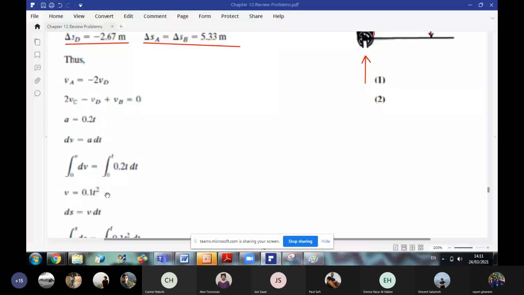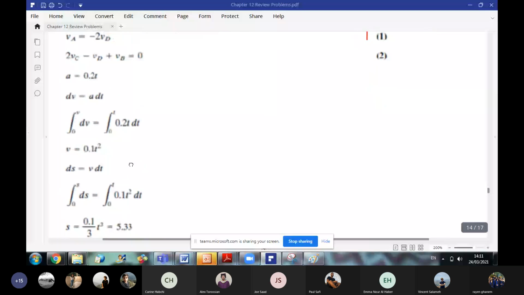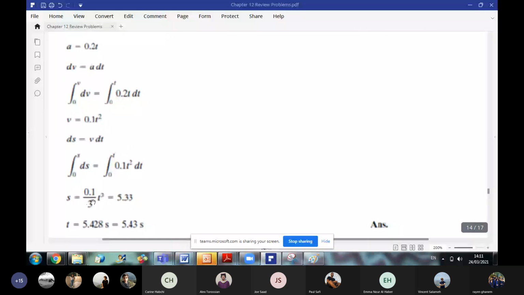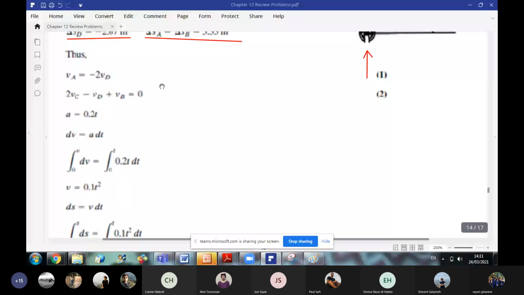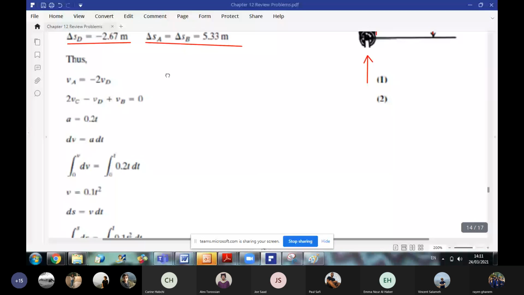By integrating again, you get S as a function of time: S will be 0.1 t cubed over 3. And from our calculation, SA equals SB equals 5.33 meters.